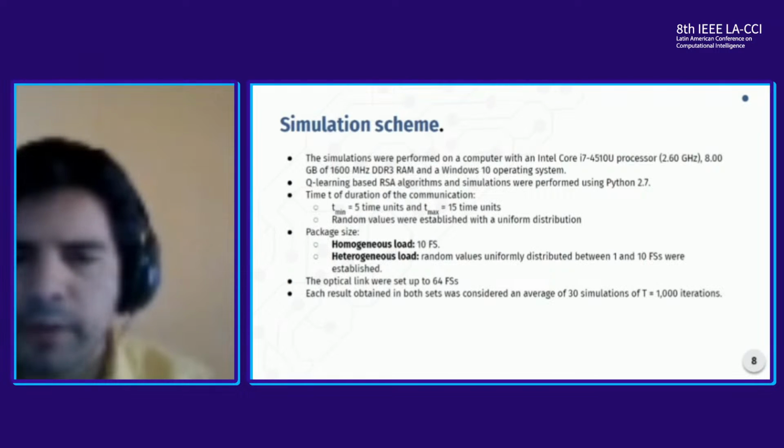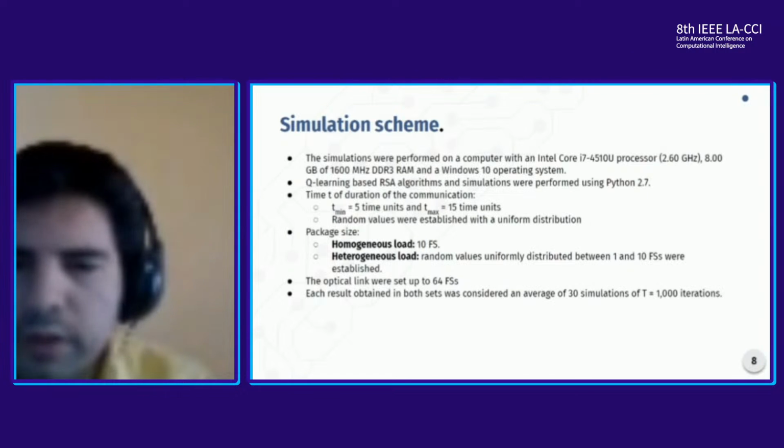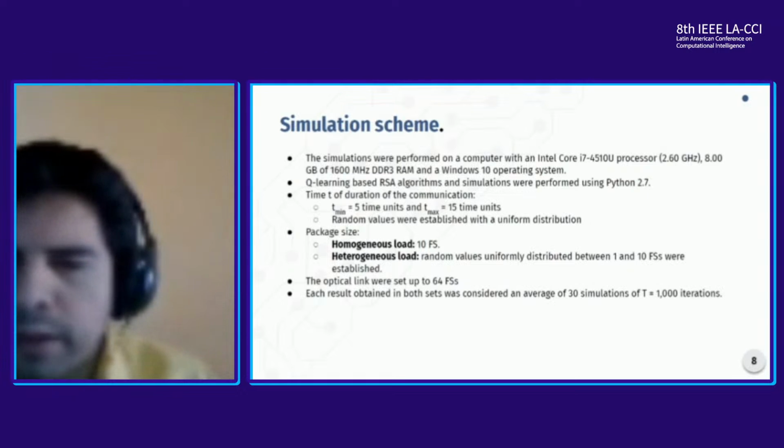The time of duration of the communication was randomly established with a uniform distribution for all scenarios with a minimum value equal to 5 units of time and a maximum value equal to 15 time units.